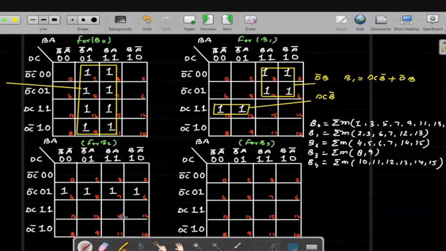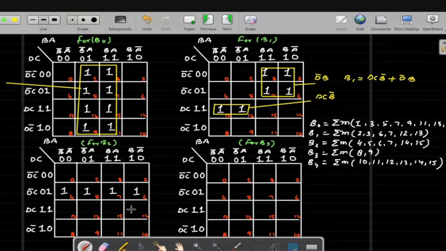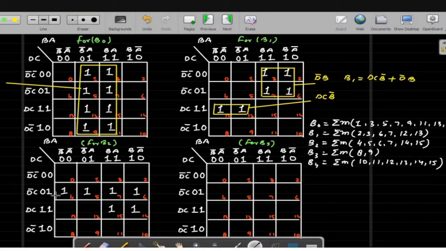So tell me, how can you group these? Two chords. Yes, excellent. One is a horizontal chord like this, and another chord you can make like this.